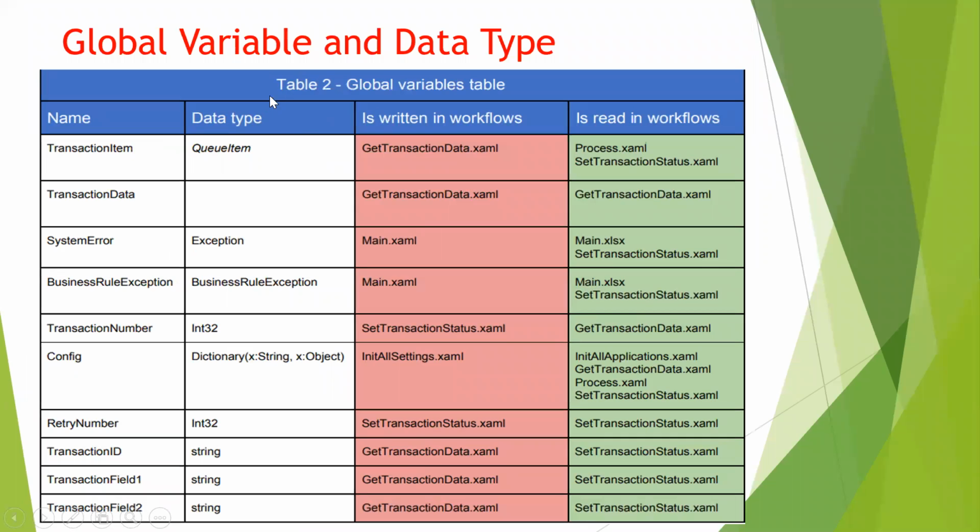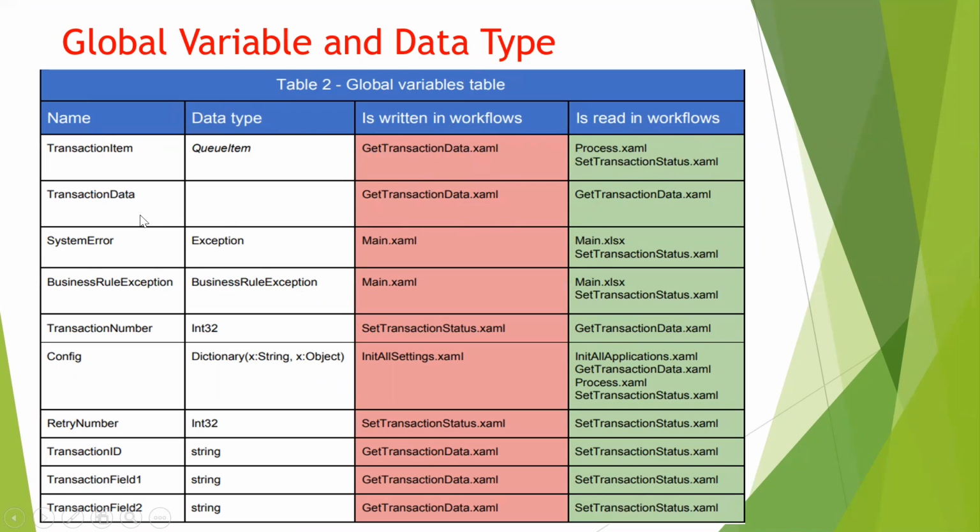Then these are the few global variables and data types available in the main XAML. If you see, there is a transaction item whose data type should be queue item. It is written in the workflow like get transaction data XAML, and it is read in the workflow process XAML, right?